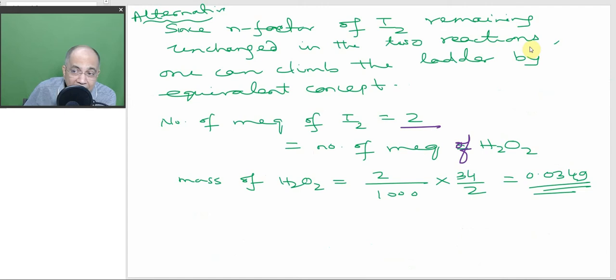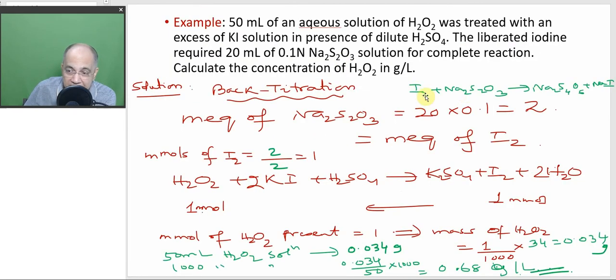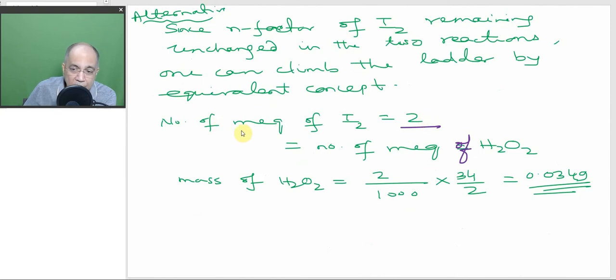Since the N factor of iodine remained the same in both reactions, in the back titration the N factor is 2, and in the production of I2 here also the N factor is 2. So there are 2 KI, 2 iodine. For 1 iodine the change is 1, for 2 iodine the change is 2. So you could climb to 2 H2O2 by the equivalent concept here. The number of milliequivalents of iodine is 2, and the number of milliequivalents of H2O2 is also 2.